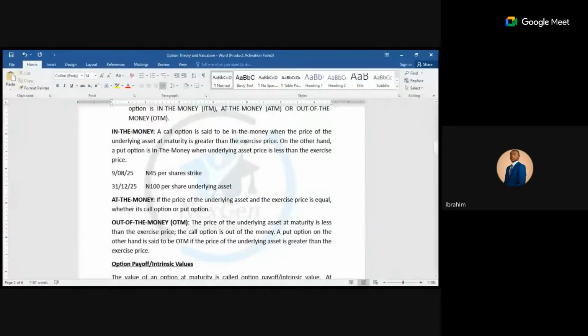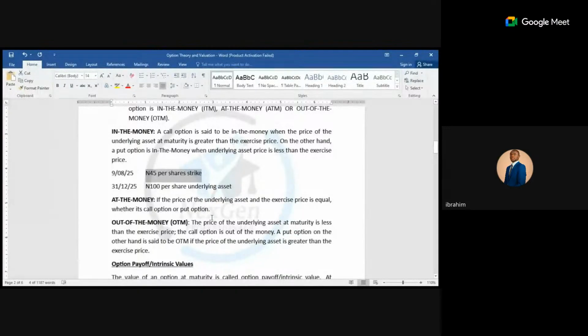Class, what is a call option? A call option is an option to buy, while a put option is an option to sell. So we can also use this for a put option. Let's say you enter into an option contract with First Bank to sell your shares at 45 naira per share as at the end of December.